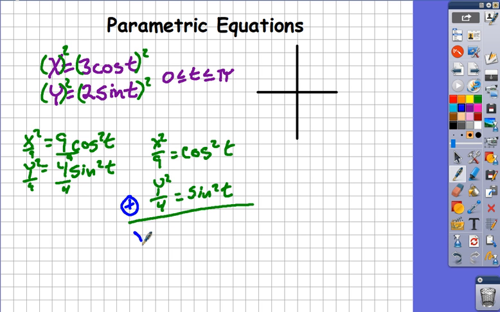We get x squared over 9 plus y squared over 4 equals cosine squared of t plus the sine squared of t. And that's what we were looking to do, because what does the Pythagorean identity tell us this is equal to? Right, it's equal to 1.